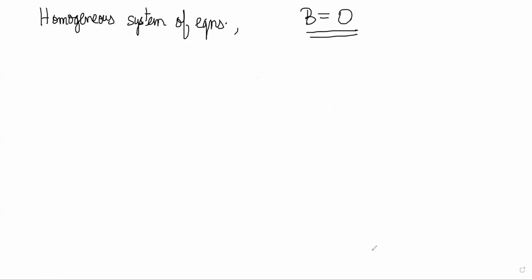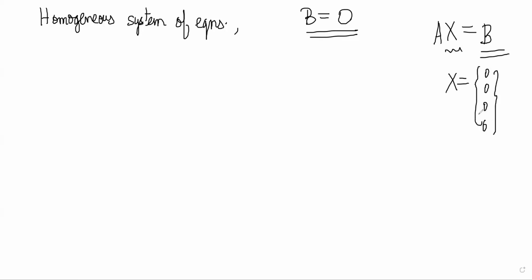So obviously 0, 0, 0, 0 will always satisfy a homogeneous system, right? Anytime you have Ax equal to B, but B is a zero vector, X could also be a zero column vector. So that is a guaranteed solution and it is known as the trivial solution.